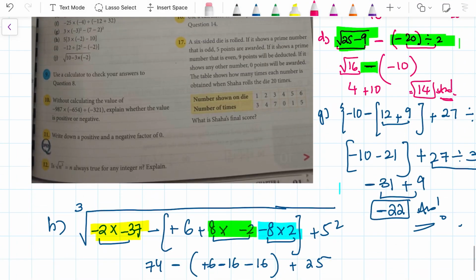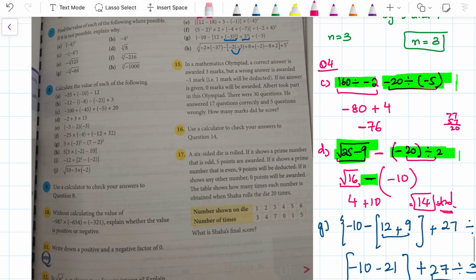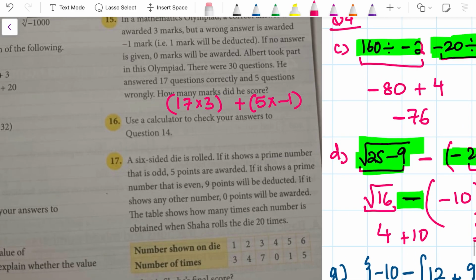So that's about it. Let's do one more question. The correct answer is awarded, but the wrong answer is 17 into 3 plus 5 into minus 1, because you get a minus mark if you attempt a wrong question. So 17 into 3 is a 51, minus 5 gives you a 46 as my final answer.